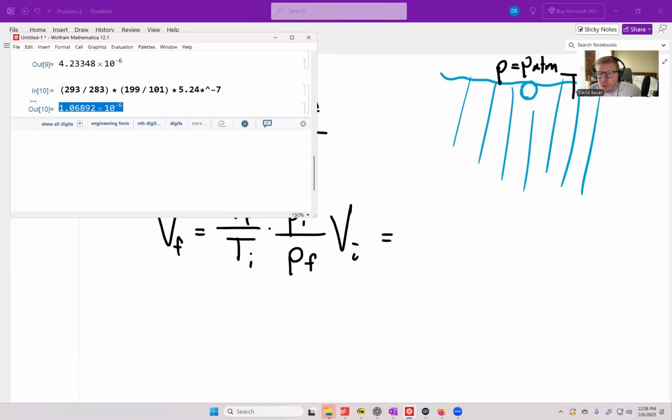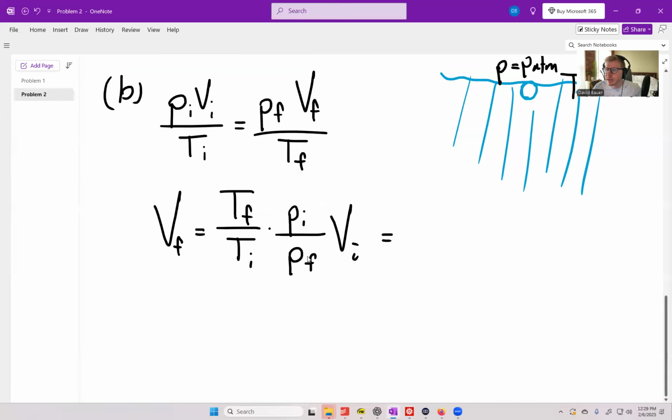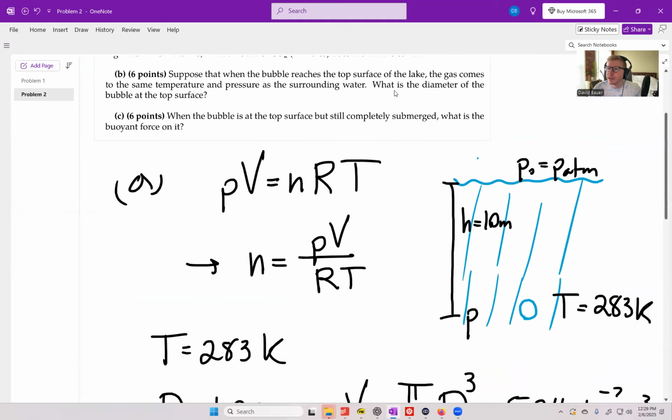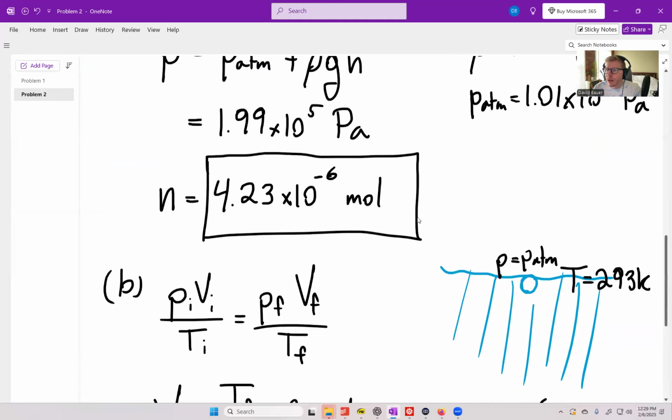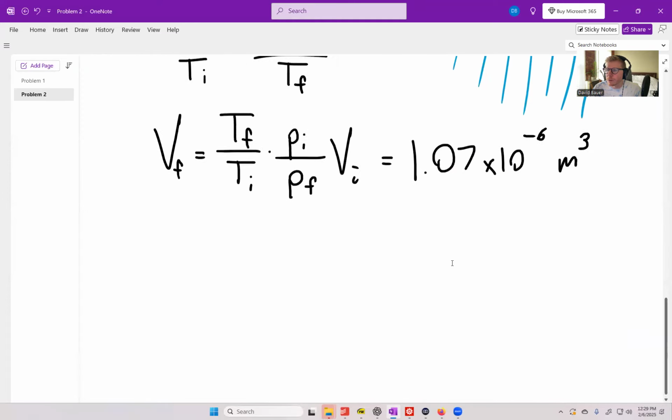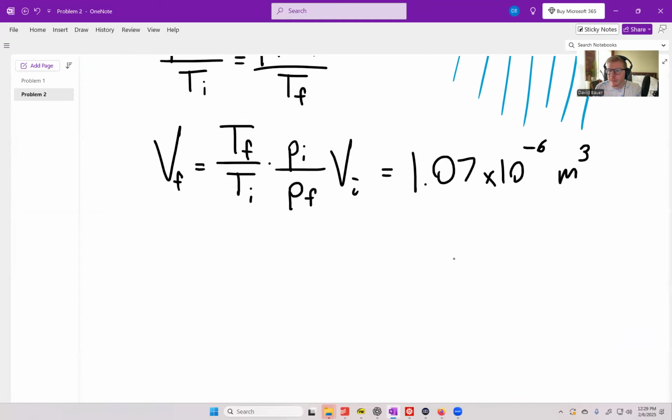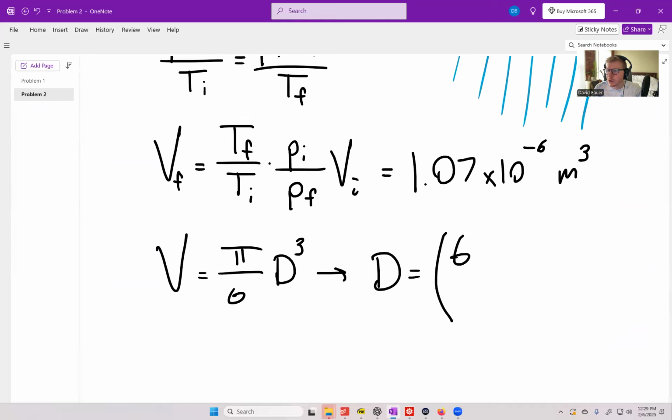Okay, so I get this number, 1.07 times 10 to the minus 6 cubic meters. And I'm looking for the diameter here. So I can just use my volume formula, rearrange that, and get the diameter. Right, so V is pi over 6 d cubed, which means d is going to be the cube root of 6V over pi.